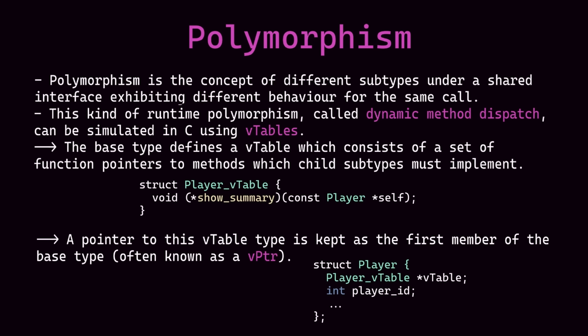So, quick summary: polymorphism is the concept of different subtypes under a shared interface exhibiting different behavior. This kind of runtime polymorphism, called dynamic method dispatch, can be simulated in C using vTables. The base type defines a vTable which consists of a set of function pointers to methods which child subtypes must implement. A pointer to this vTable type is kept as the first member of the base type, known as a vPointer.